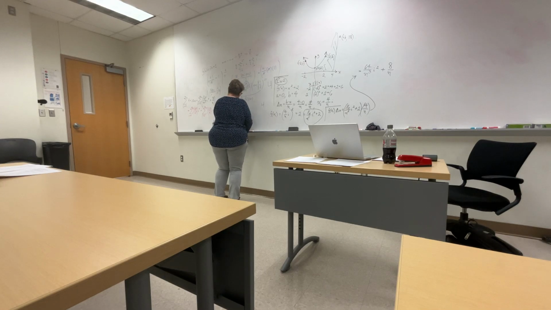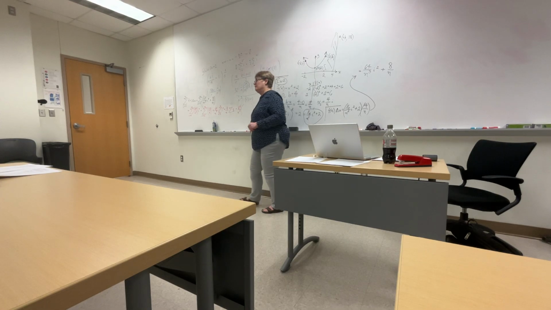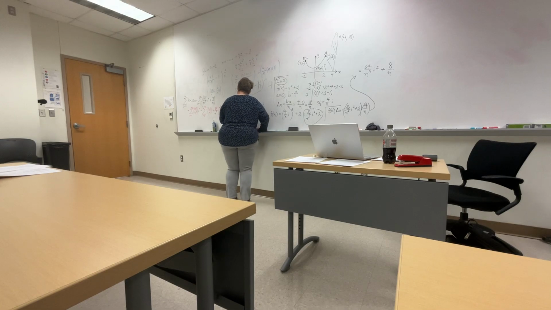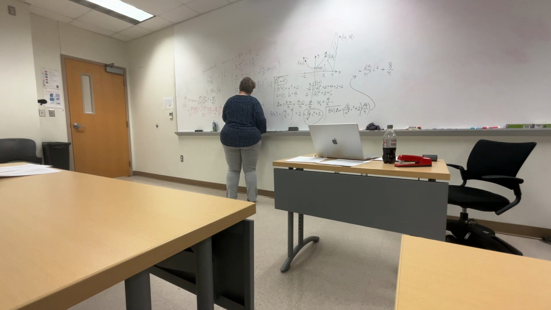So we have 64 over n cubed times, what's the sum of squares? You don't have to memorize them, but I do want you to be able to find them. It's n times n plus 1 times 2n plus 1 over 6.